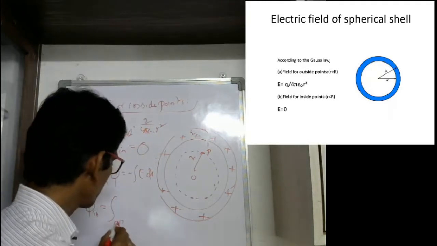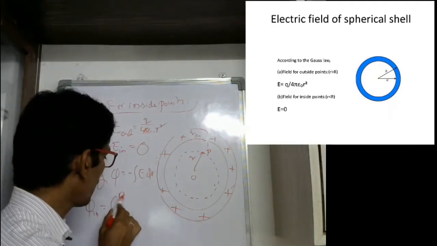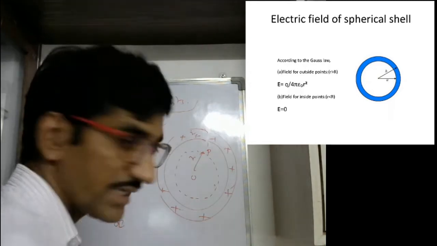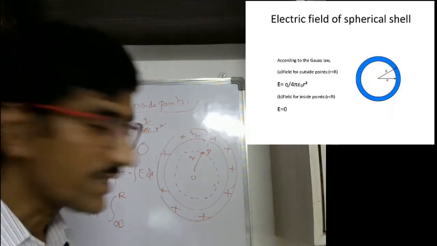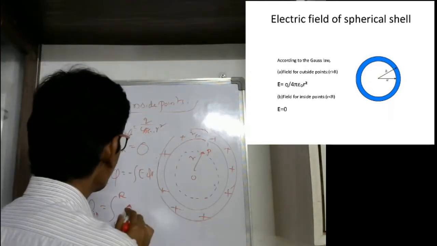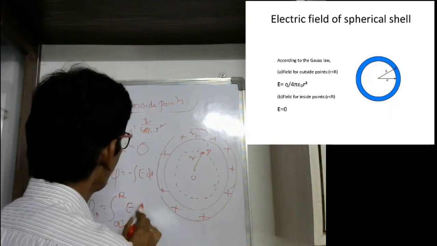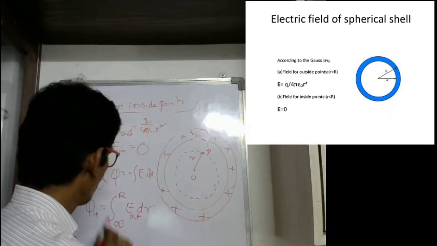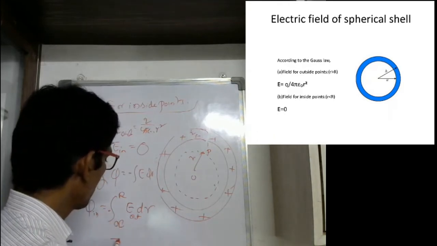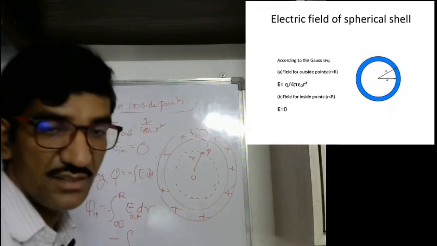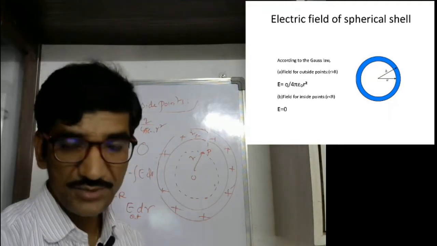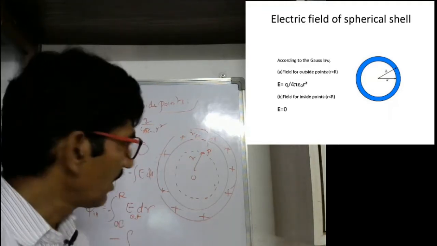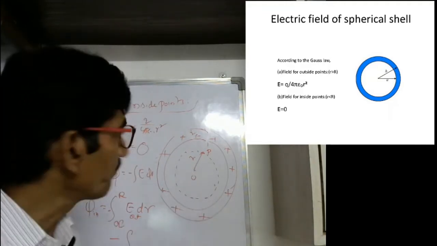So you are bringing the charge from infinity up to the border. This is E out dr, minus again. Now you are entering into the shell.